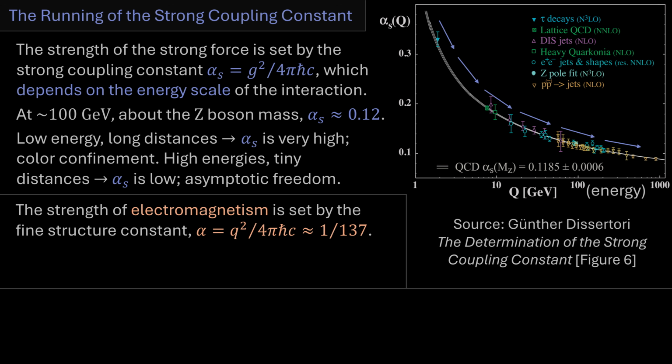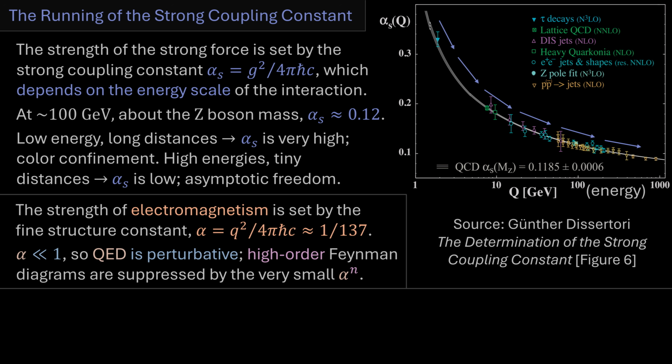One thing you'll notice is that 1 over 137 is a very small number. Because it's so much less than 1, if you imagine alpha squared, or alpha to some higher power, very quickly it becomes a very, very low number. So when you're doing calculations involving Feynman diagrams, the smallness of alpha suppresses your high-order, highly contrived Feynman diagrams, and those become irrelevant compared to the simpler Feynman diagrams which dominate the interaction.